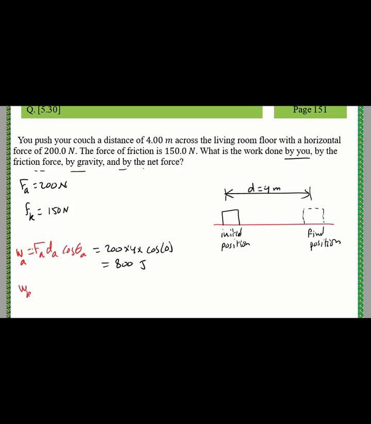Now the work done by friction is F friction, d, cosine theta for the friction, which equals the force of friction 150 times the distance 4, cosine of angle 180. So the answer is minus 600 joules. That is the work done by friction.